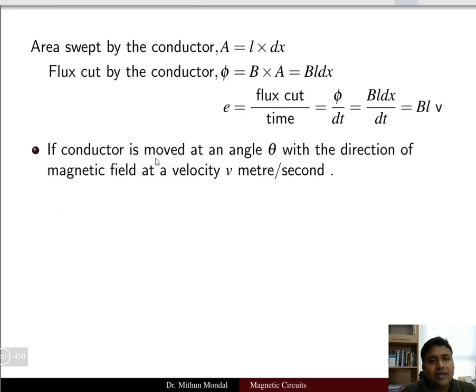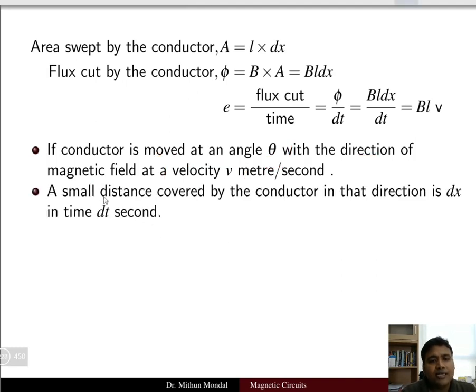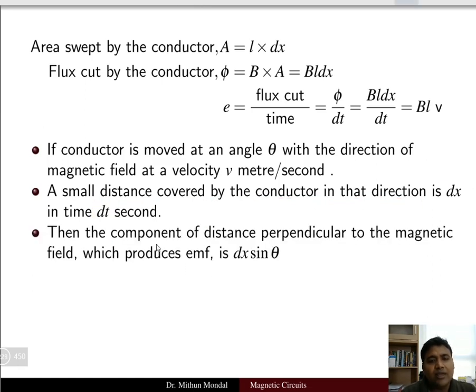Now if the conductor is moving at an angle theta with the direction of the magnetic field at a velocity v meter per second, as we have seen, then for a small distance covered by the conductor in that direction, dx in a time dt second, we can have a component which is dx sine theta.